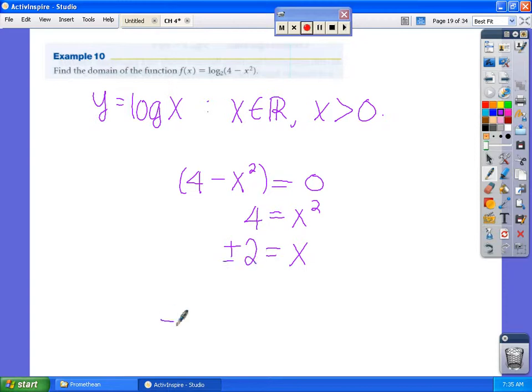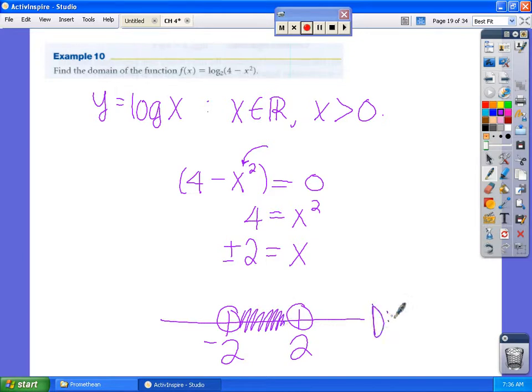Then make a number line, negative 2, positive 2. Substitute in 2 and you'll get 0. So those are not part of the domain because you can't take the log of 0. If you put in 0, you end up with the log of 4, which we can find. So the domain is the open interval of negative 2 to 2.